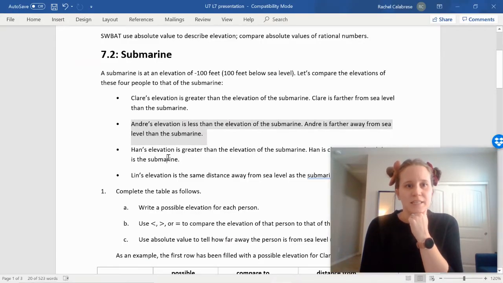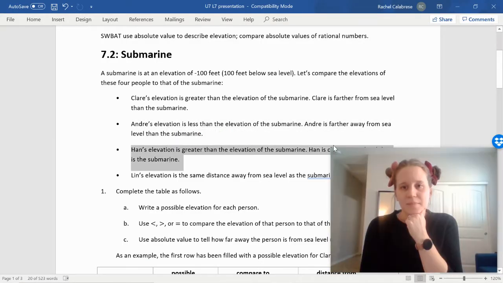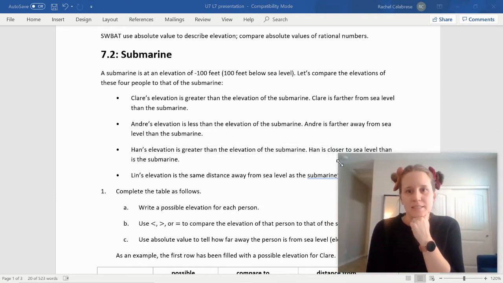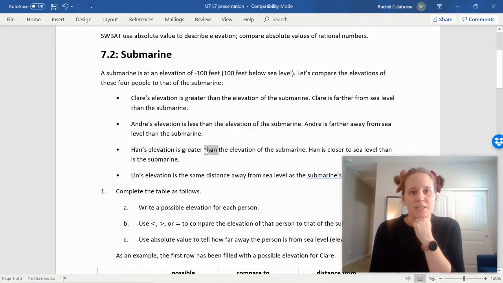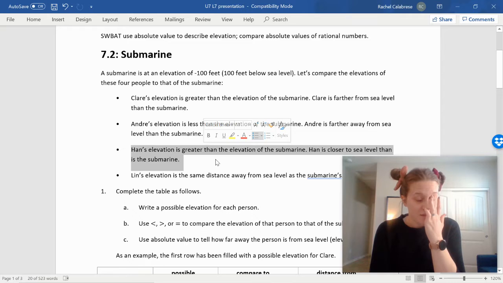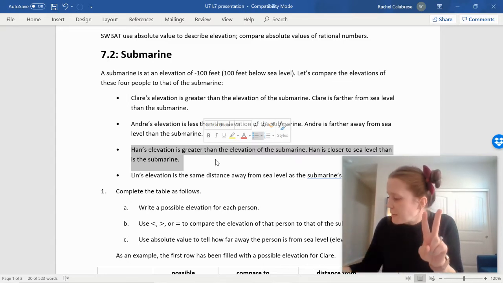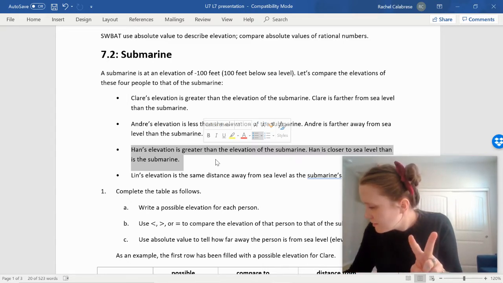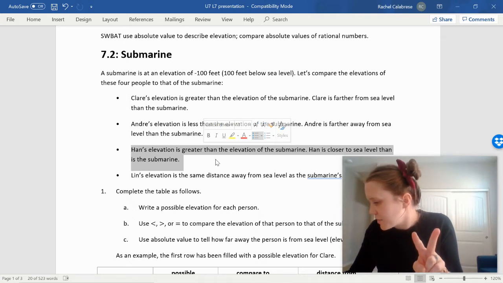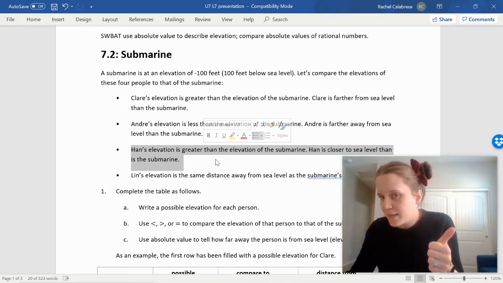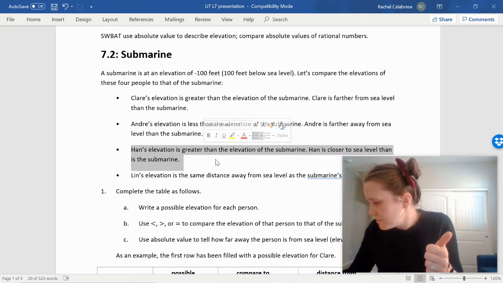All right, let's talk about Han. This says Han's elevation is greater than the elevation of the submarine. Han is closer to sea level than is the submarine. Let's jot those two things on our paper. Han has, my first bullet point, greater than sub.